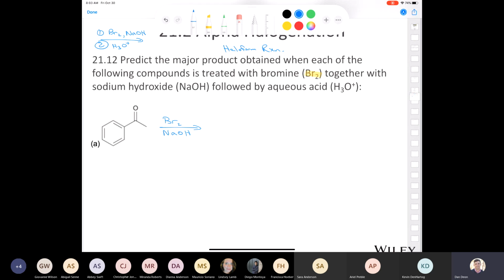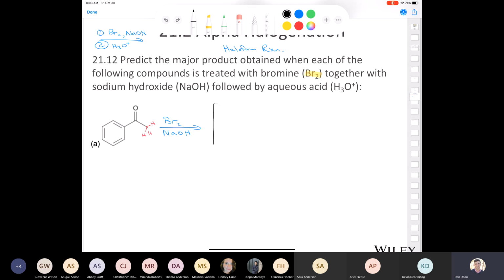I'm not going to draw out the whole mechanism here, but I am going to show you the intermediate that's formed at first, because you know that we have 3 acidic protons on this methyl group. When you pull off a proton with sodium hydroxide and then it reacts with bromine, you end up brominating, and then it renders the next 2 protons even more acidic. Then you brominate again and again until you end up with this intermediate.